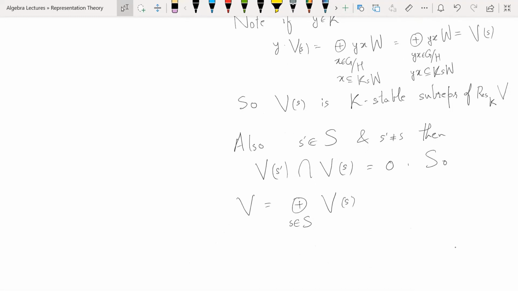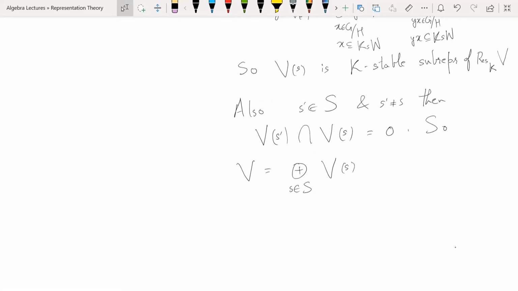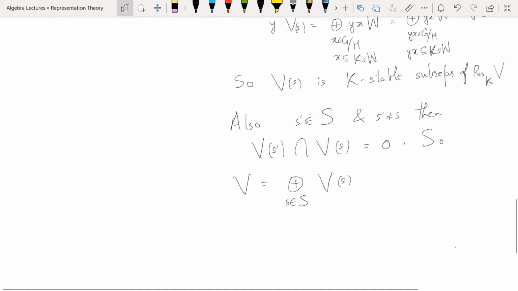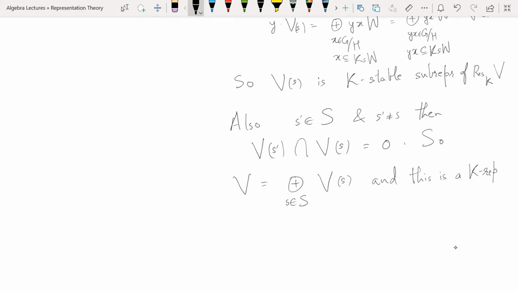So we get that you can write V as the direct sum of these K representations, and since each of these Vs is K stable for every s, this is a decomposition as K representations or K modules.